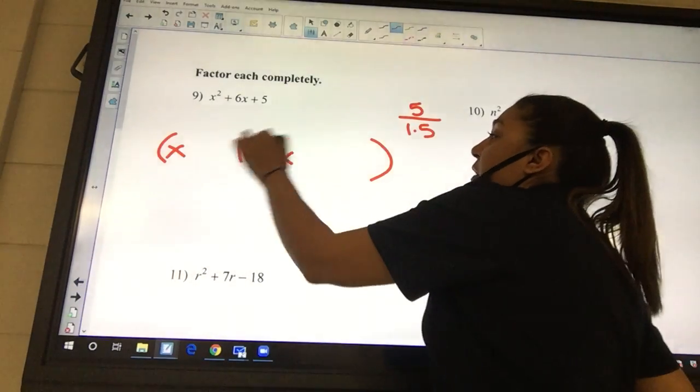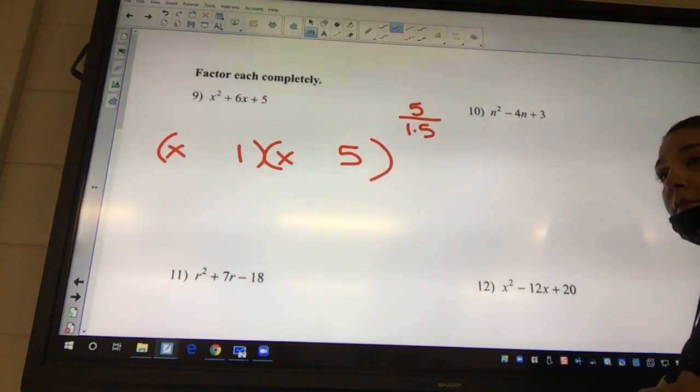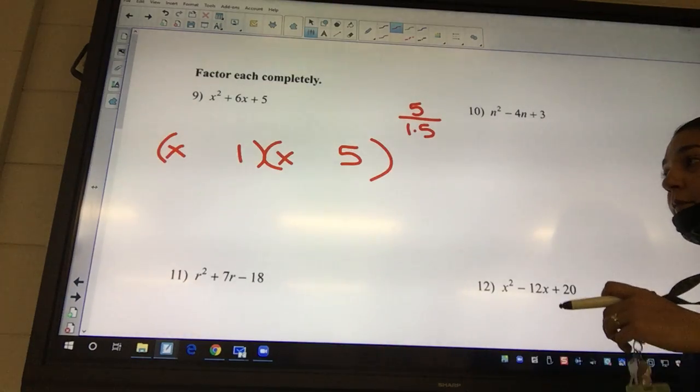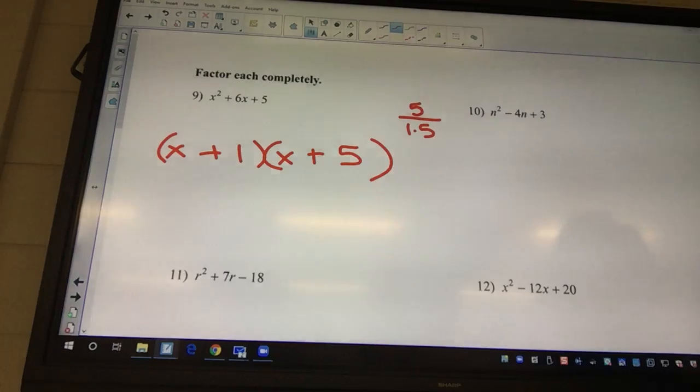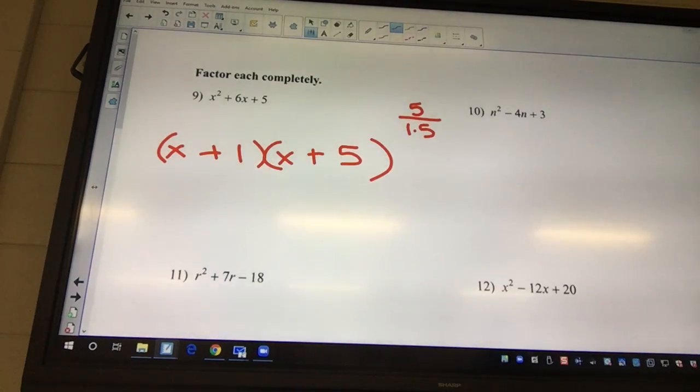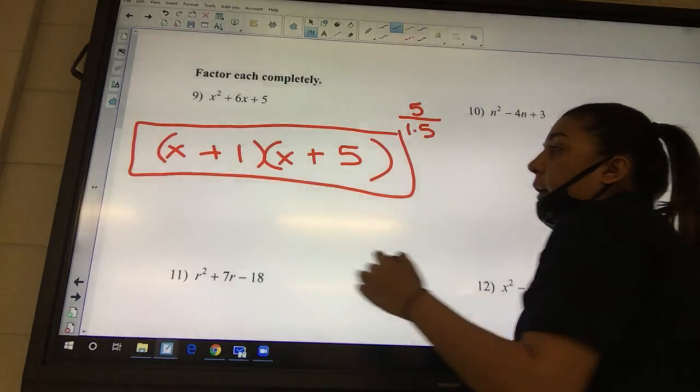So I got to use 1 and 5. How can I make that a positive 6? Plus. Okay, plus 1 plus 5. And that would give me a positive 6. Do I stop or keep going? We stop. Okay, so these probably seem super easy now that you do the harder ones.